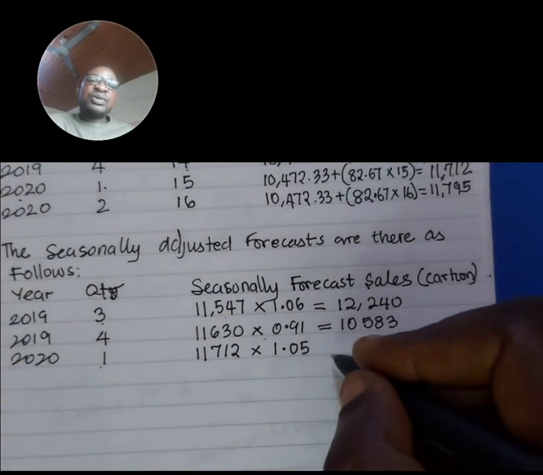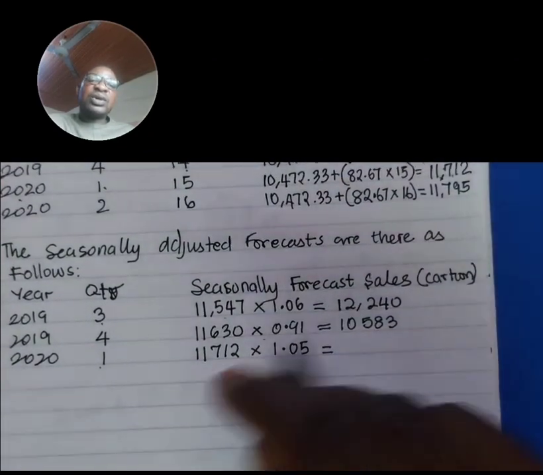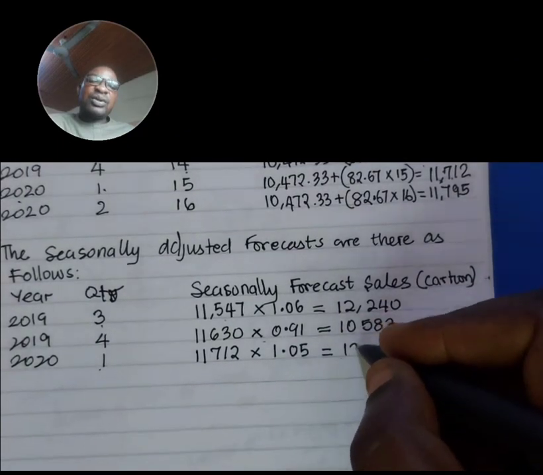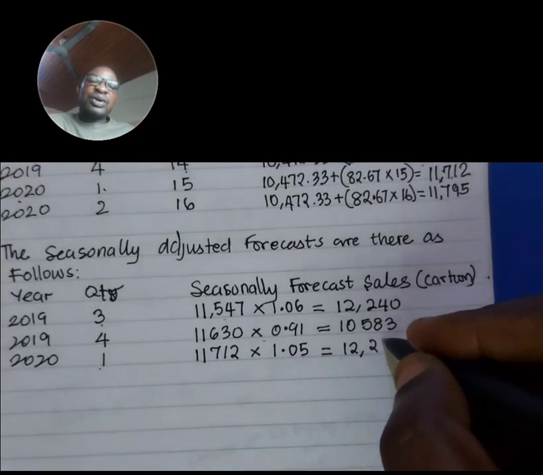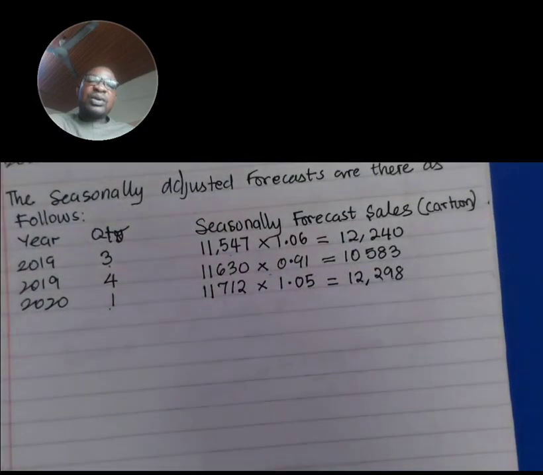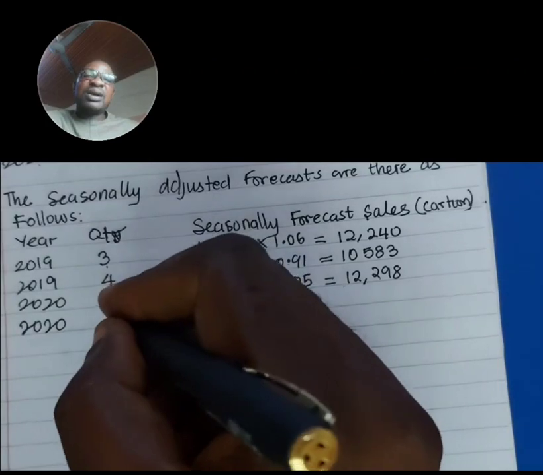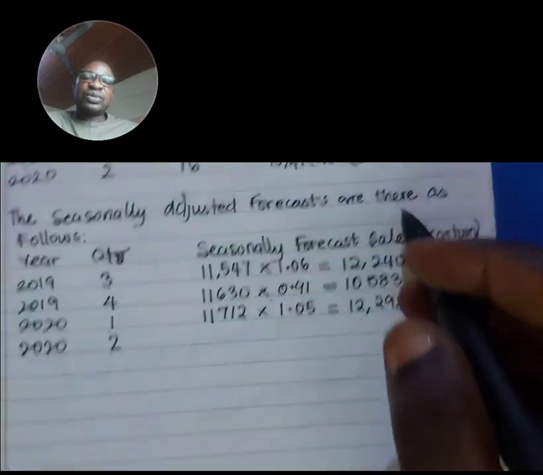When you multiply, what do you have? We have 12,298.